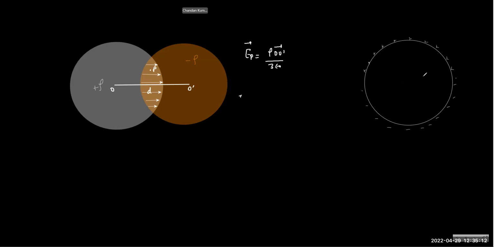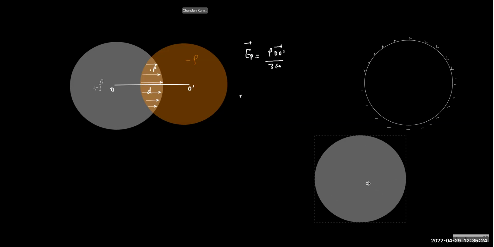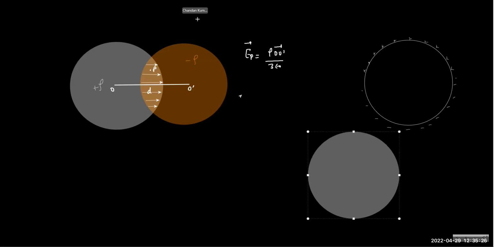This question, at first go, will look like something very weird, but eventually you will realize that this is equivalent to the complete positive sphere almost overlapping with the negative one.